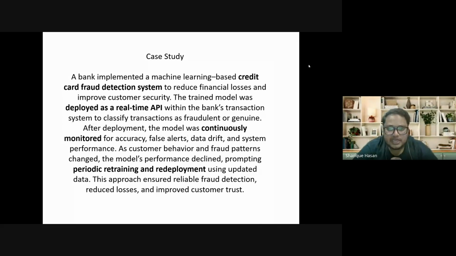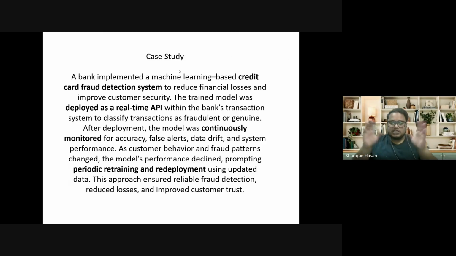As customer behavior and fraud patterns change, the model's performance declines, prompting periodic retraining and redeployment using updated data. The approach ensured reliable fraud detection, reduced losses, and improved customer trust.